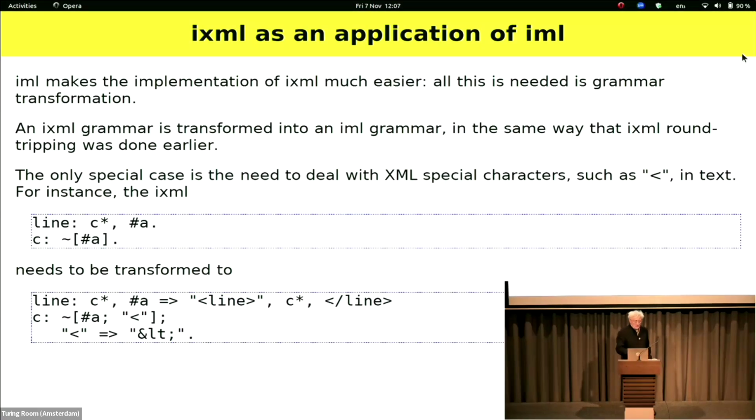But in the definition of a character, we have to include the fact that the open angle bracket has to be transformed into ampersand lt semicolon. But those are small details, and it makes ixml just an application of IML through transformation of grammars.